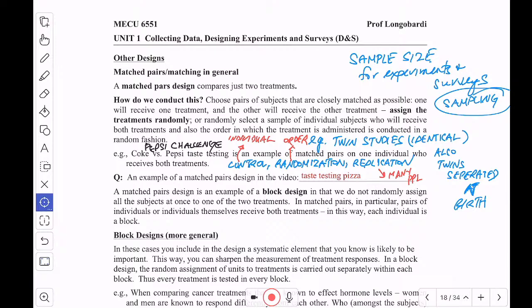All right, so a matched pairs design is an example of a block design. The blocks in a design receive all of the treatments, just like the individual gets both Coke and Pepsi to try.